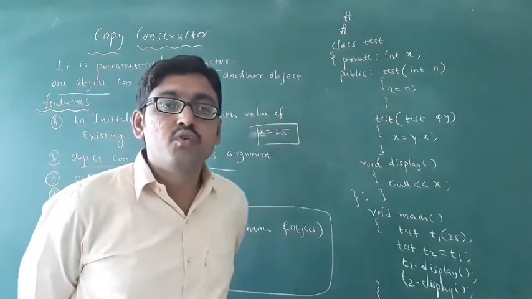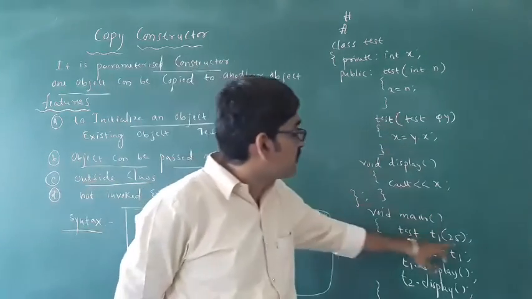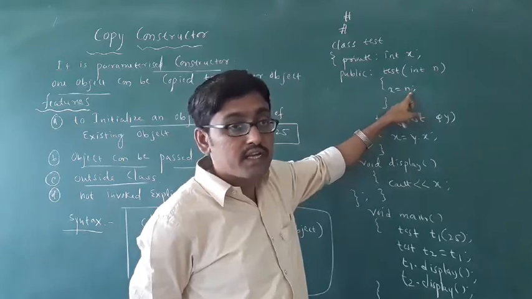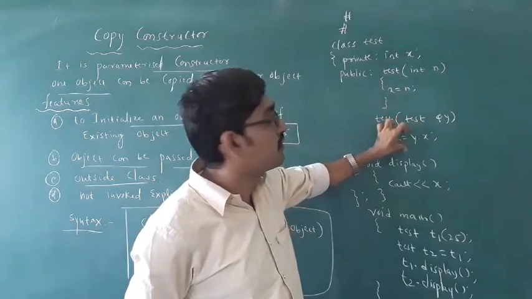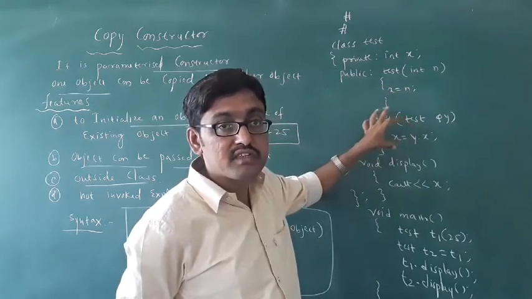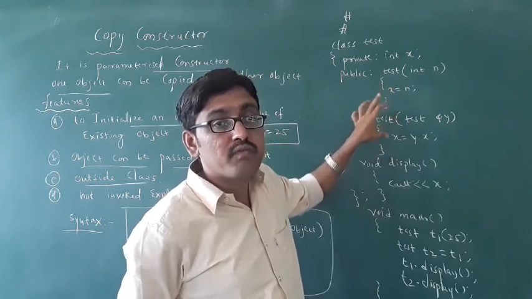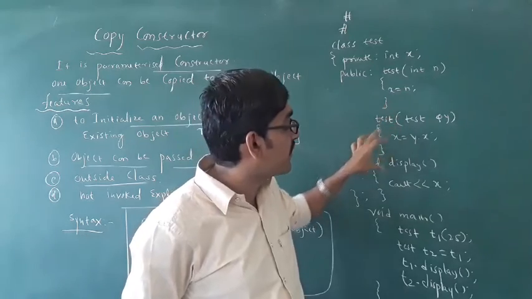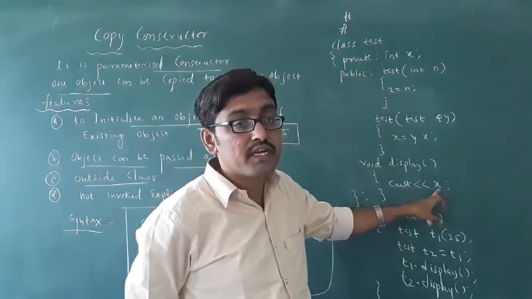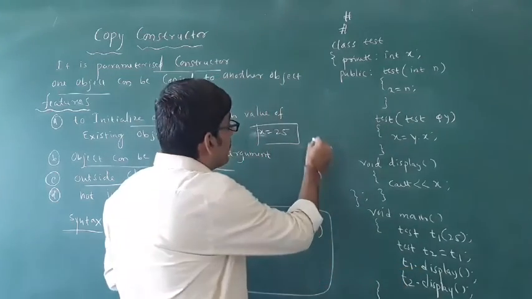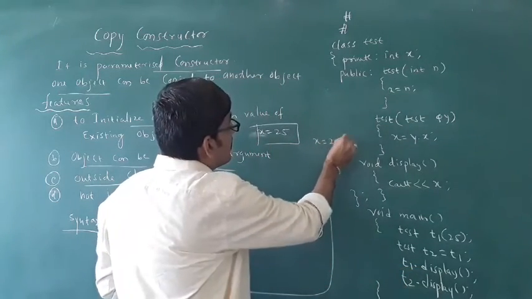Then see, the 25 will go here, then x equal to 25. After that, 25 will be copied here, because this is a copy constructor. Copy constructor means you have to copy that value, then the x will be displayed. What is the answer you are getting? You are getting 25 two times.